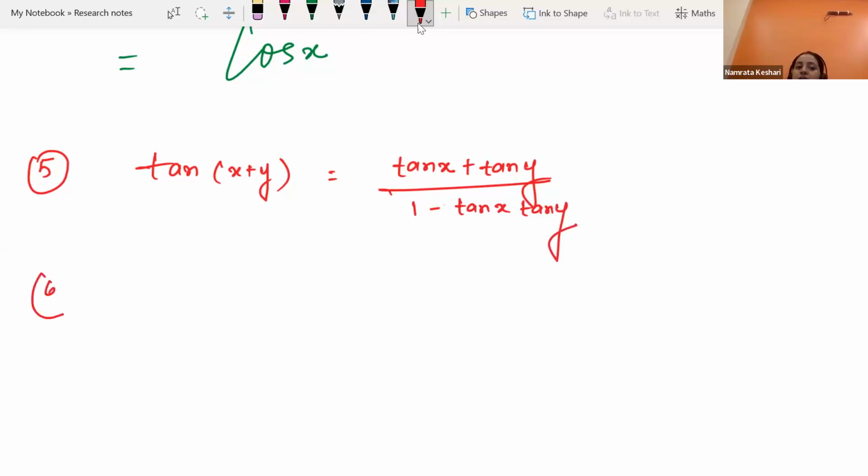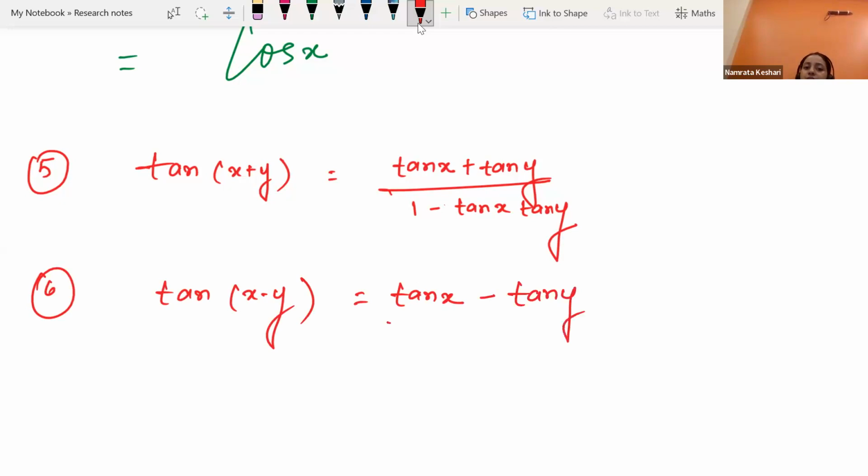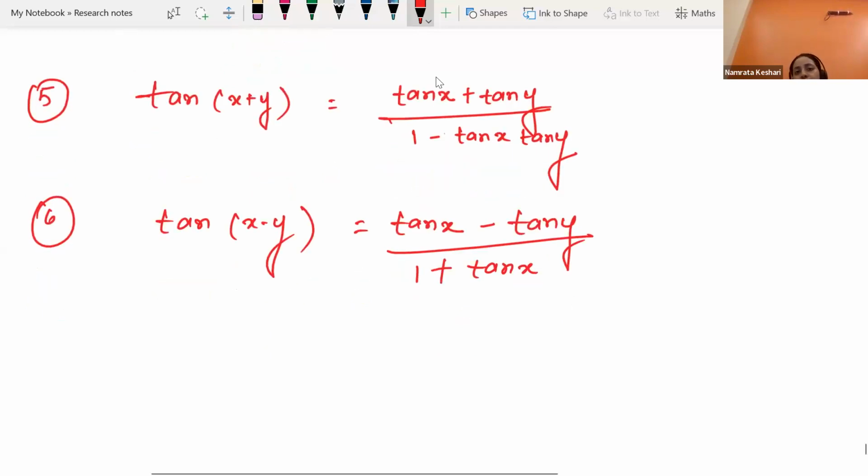The next formula for the same, tan(x minus y), is tan x minus tan y by 1 plus tan x tan y. You can see that at least one formula you have to learn over here. The second you will automatically be able to write.